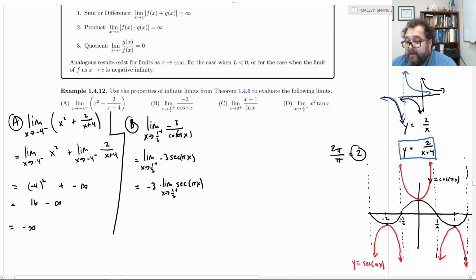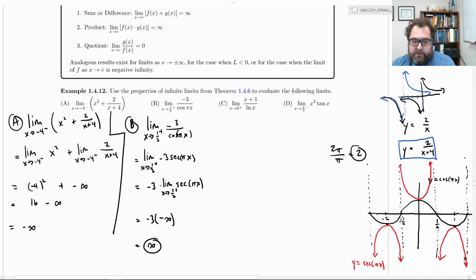Well, that means we're over here on this part of the graph, going down towards negative infinity. So we have -3 times negative infinity. Here's where you have to be careful of the negative signs. We have a negative times a negative, which means we're going to approach positive infinity overall.